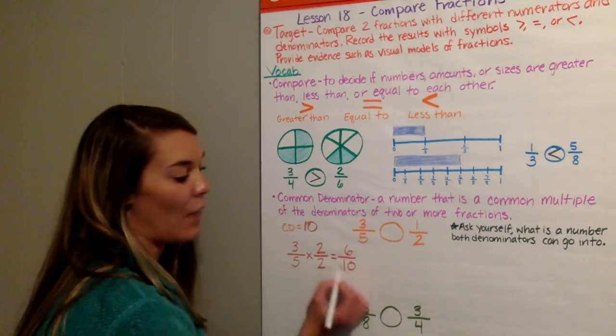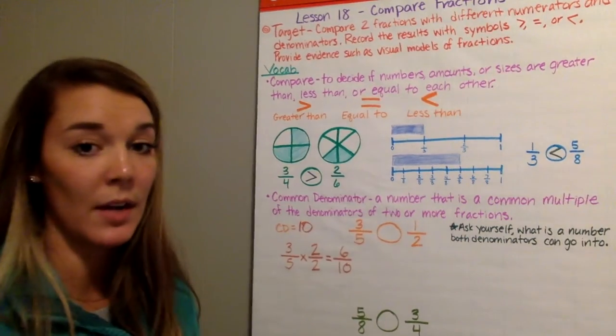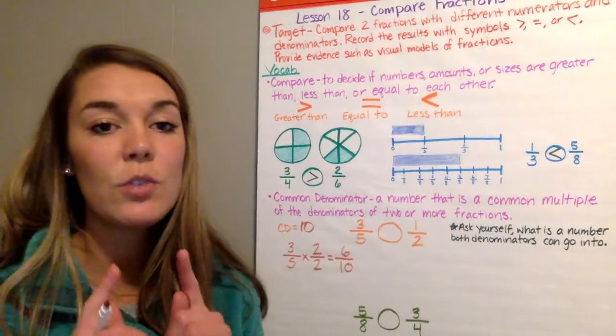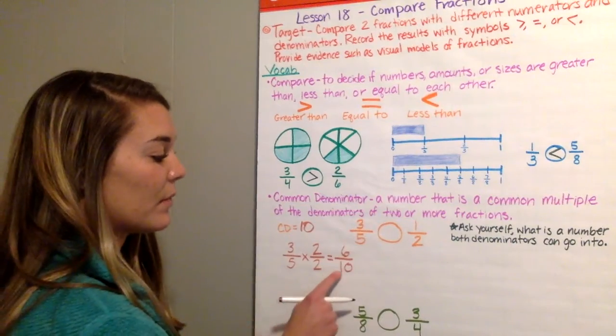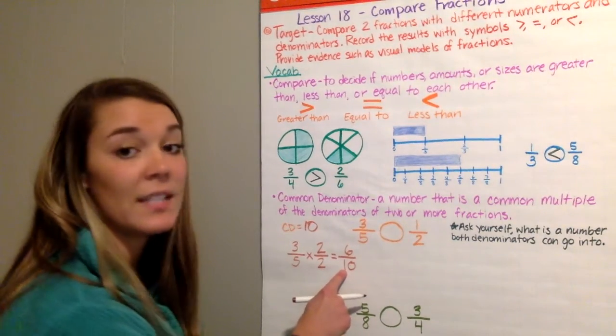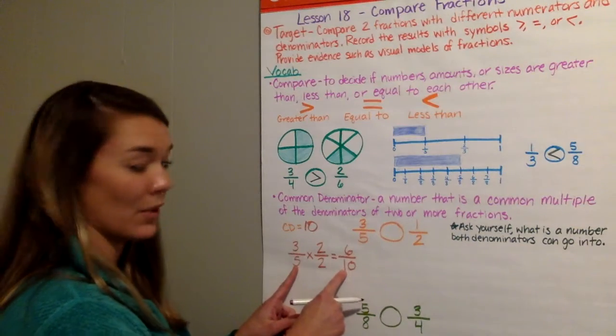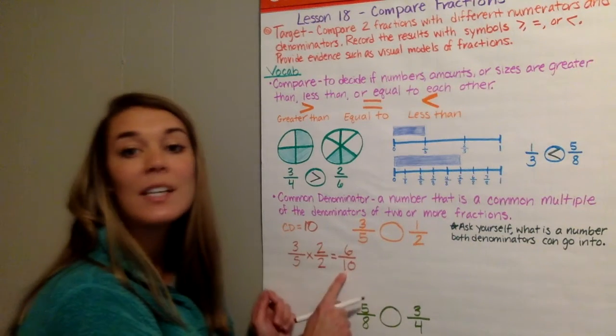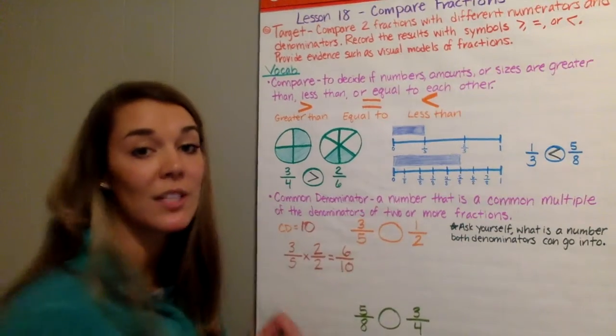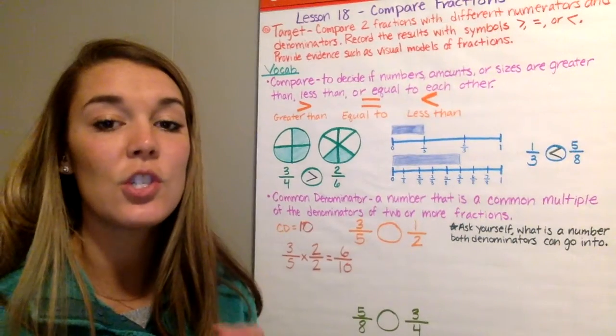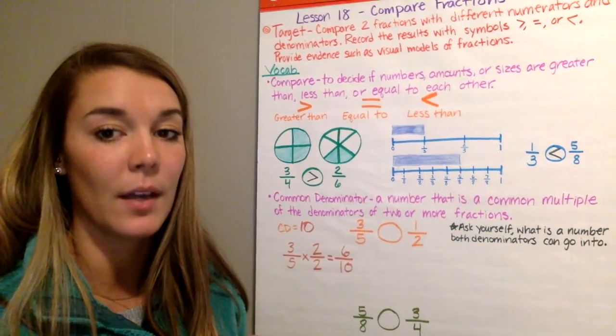Okay, now this fraction has my common denominator. I want you to know that this 6/10 is equivalent or equal to 3/5. Okay, so we did not change the amount that is represented, we just changed the common denominator.